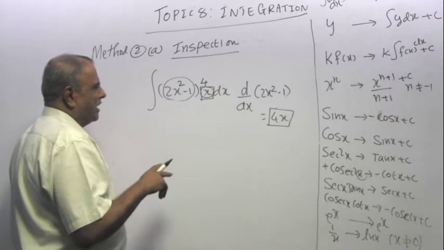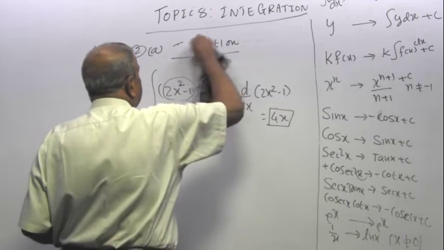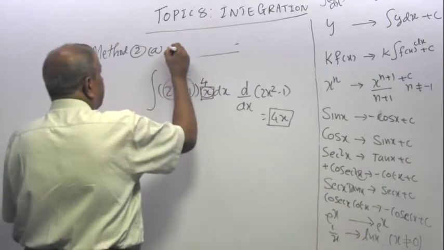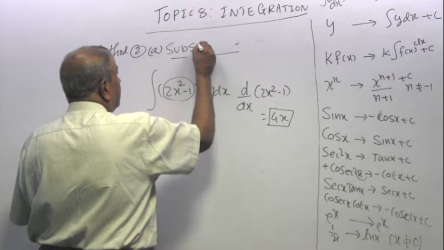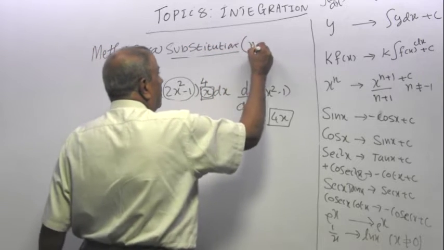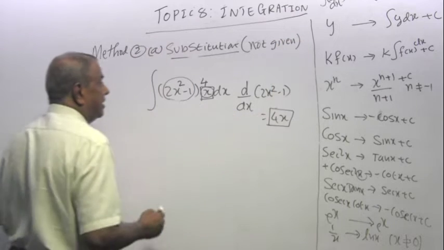Should I do it the other way around? I think I should do it the other way around because some people might get confused. So I will make part A a substitution, not given. There are questions where substitutions will be given.